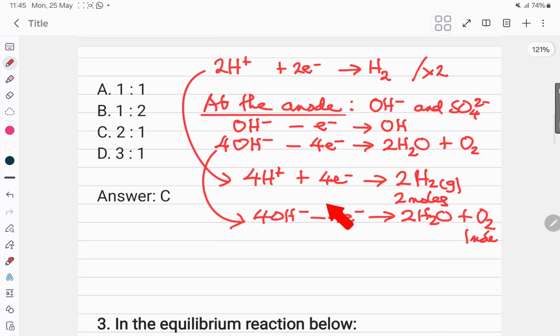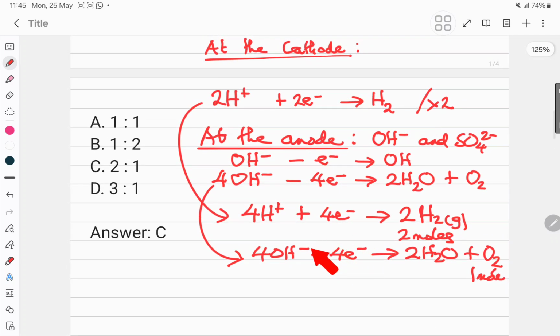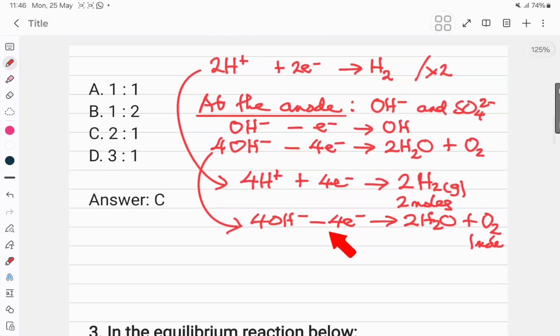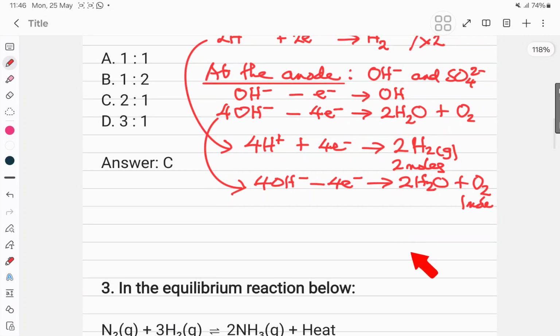Now the reason why we have to do this is because during electrolysis, the number of moles of electrons lost will also be gained. So if 4 moles of electrons were lost at the anode, it goes round through the external circuit, and the same number of 4 moles of electrons will enter. So the number of electrons must be equal, so that when we combine the 2 equations, we can have those electrons deleted.